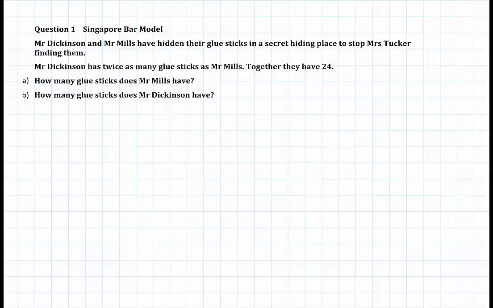So the first thing I'm going to do is to create a label first of all for Mr. Mills and then a label for Mr. Dickinson. Mr. Mills, and Mr. Dickinson.